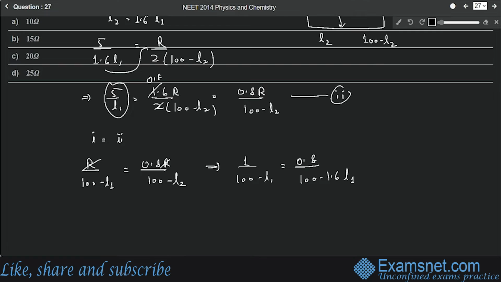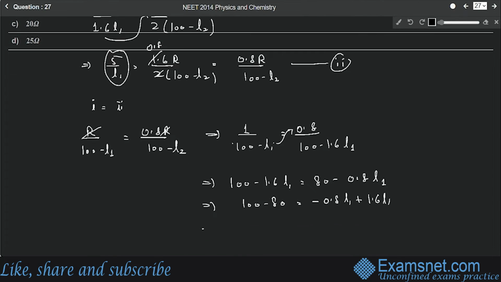So if we solve it, we'll get the value of L1. Okay, so let's cross multiply. It will be 100 minus 1.6 L1 equals 0.8 into 100 minus L1, that means 80 minus 0.8 L1. Okay, so 100 minus 80 equals minus 0.8 L1 plus 1.6 L1.